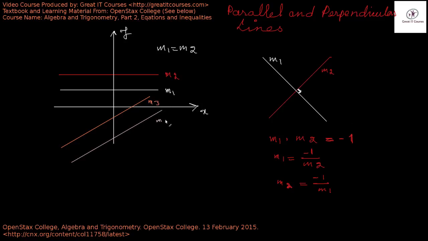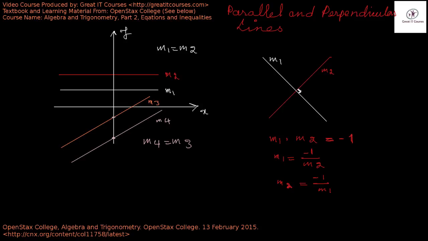Here again m4 is equal to m3, and the only difference is that they have different y-intercepts. This one cuts the y-axis at this point, and this one cuts the y-axis at this point, and these two points are clearly different.